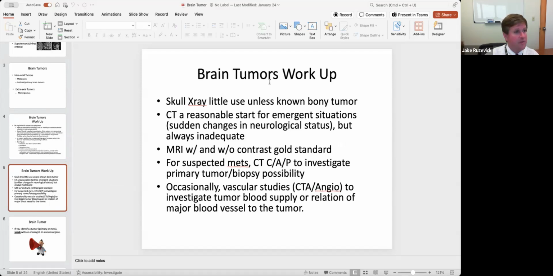But in terms of next steps, if you're at all concerned, patients deserve an MRI of the brain with and without contrast. That's our gold standard. And then if you do find a tumor there, it's usually beneficial to image the rest of their body, just to determine if there's any other sites of primary disease.